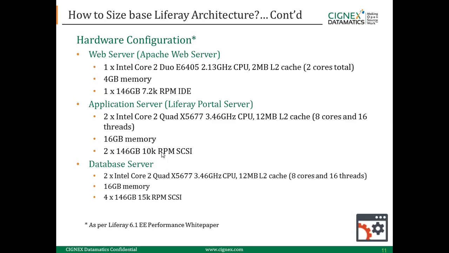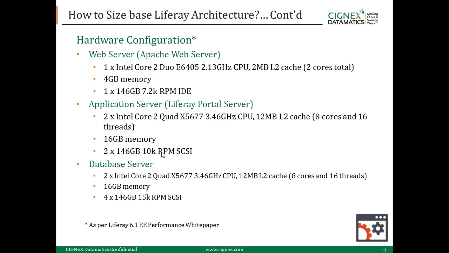We do suggest some default hardware configurations for your architecture. For the web server, which is your Apache web server, we suggest one Intel Core 2 Duo server with 4 GB of memory.